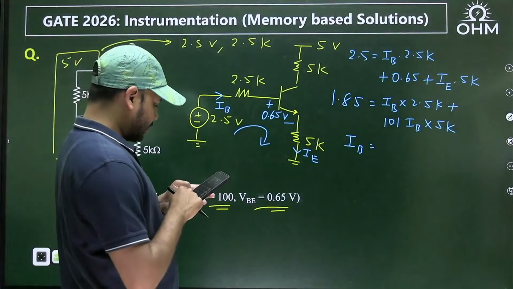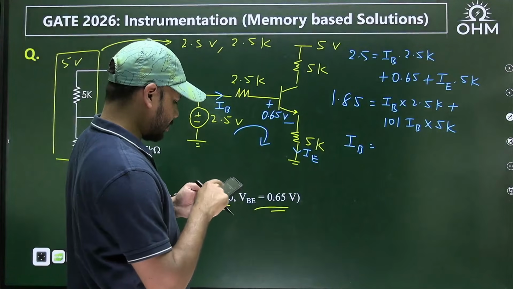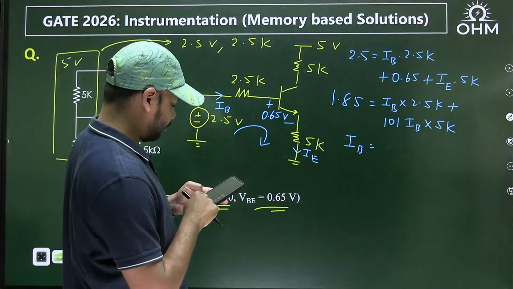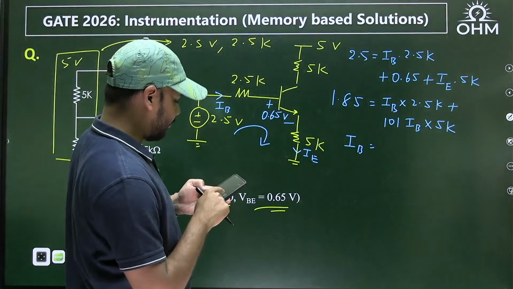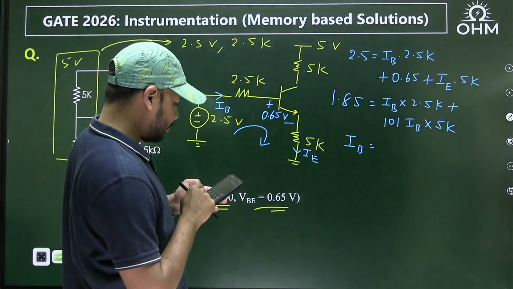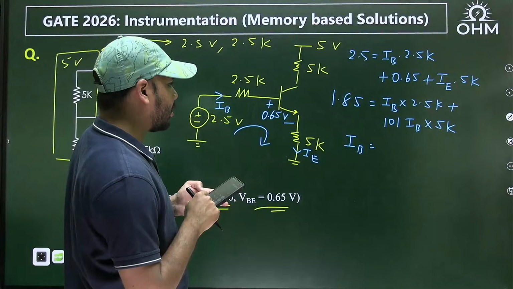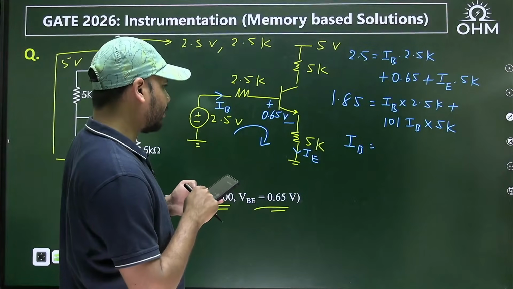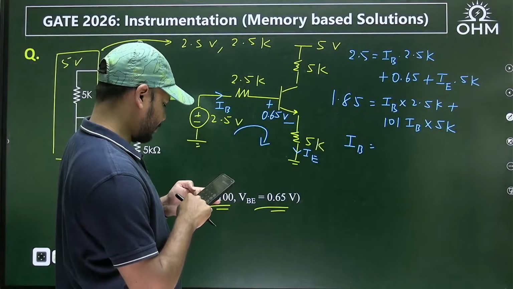1.85 divided by 2.5 plus 101 into 5, which is 505.